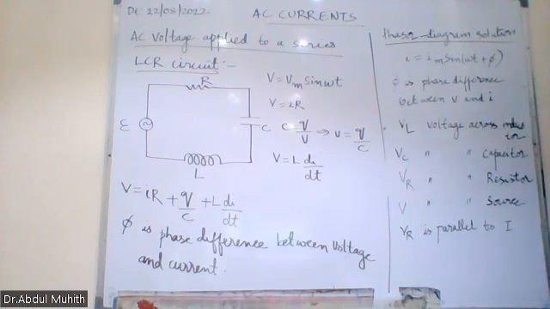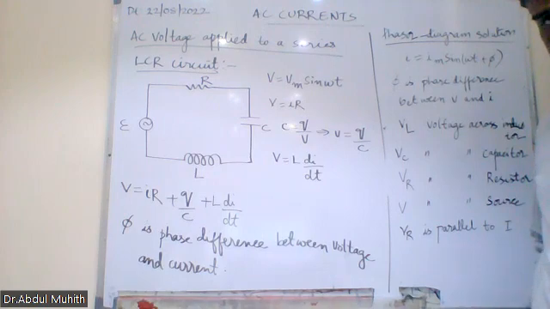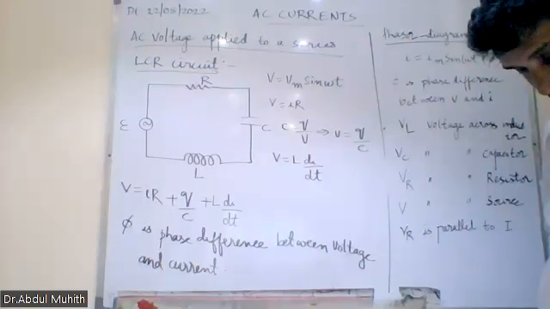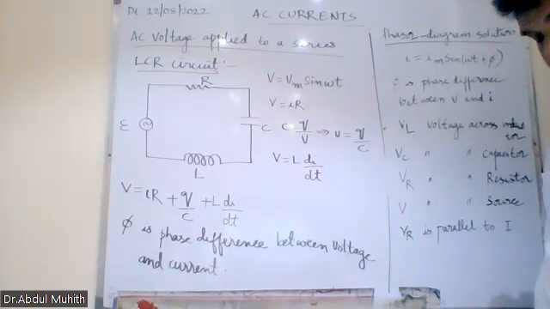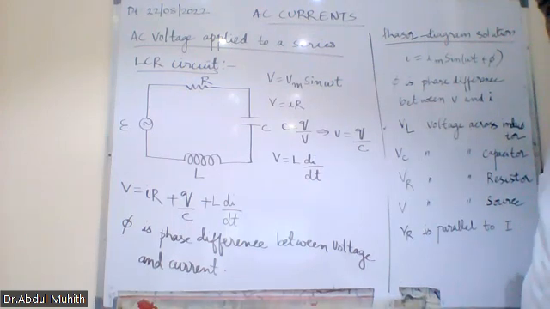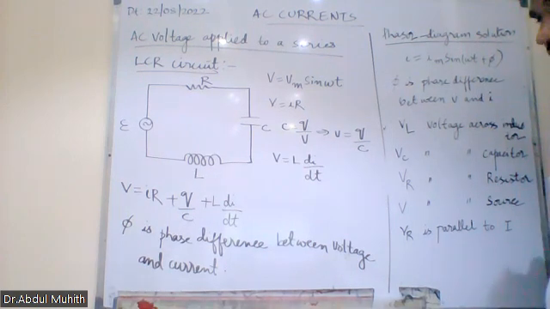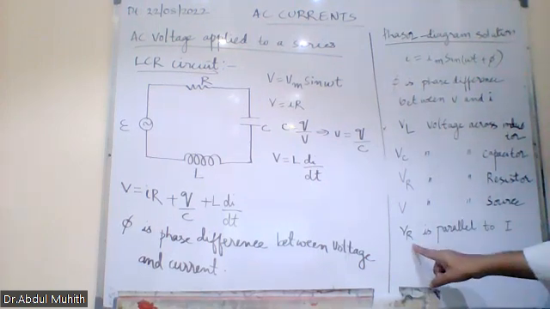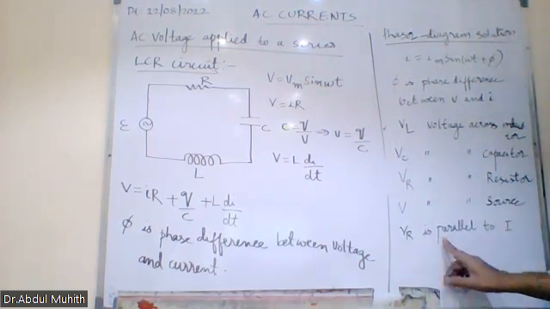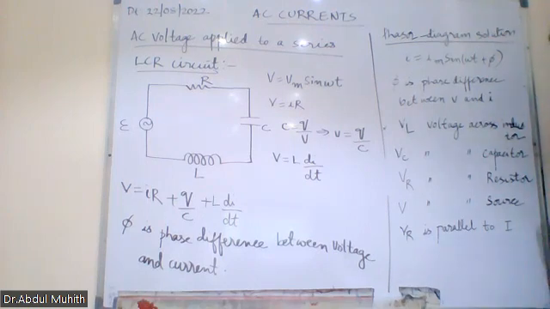Did you draw the first diagram in your notebook? Look at the phasor diagram, how it is for the resistor. It is in phase, right? That means there is no angle. That is why I wrote here, VR is parallel to the current. Understood now? Now the second one is what?